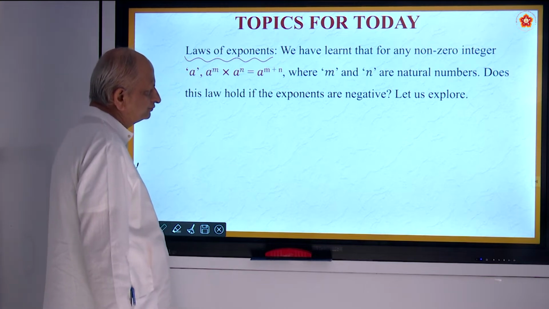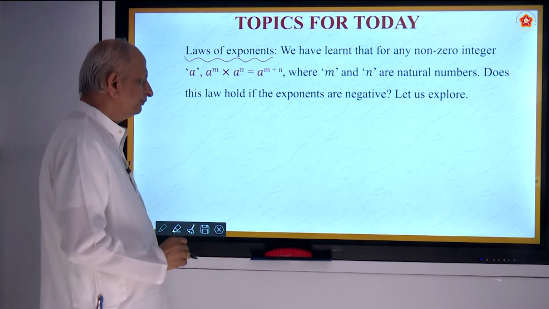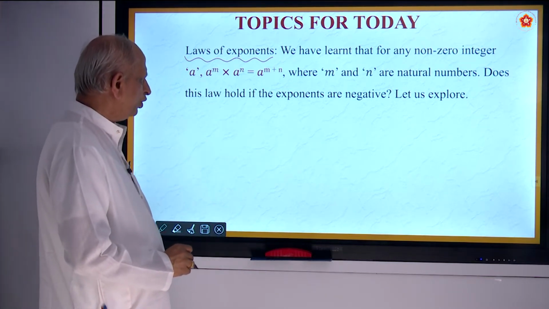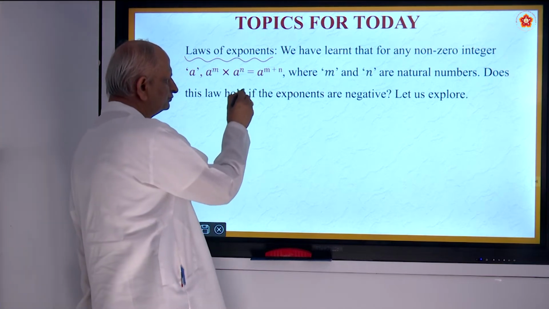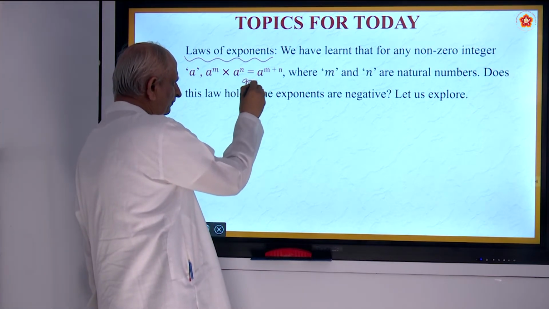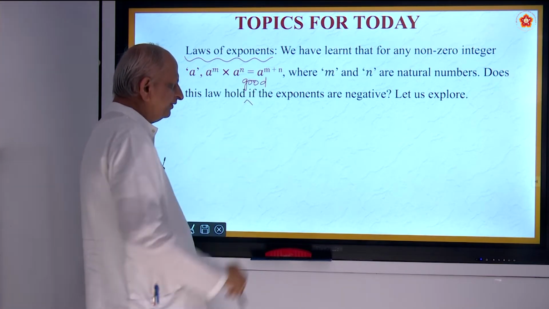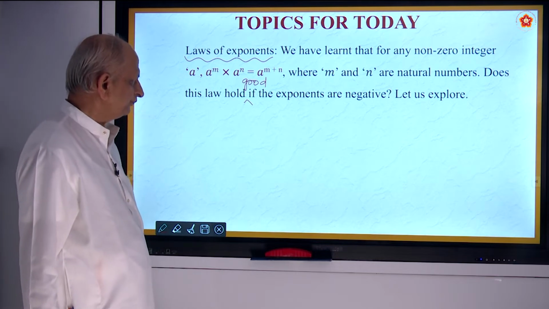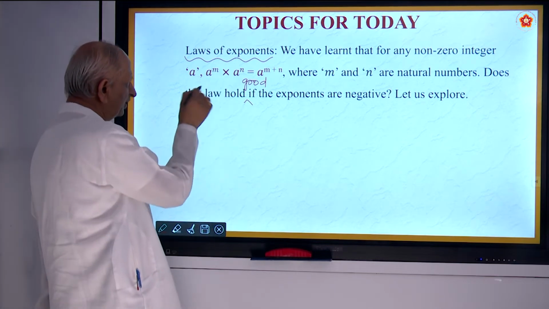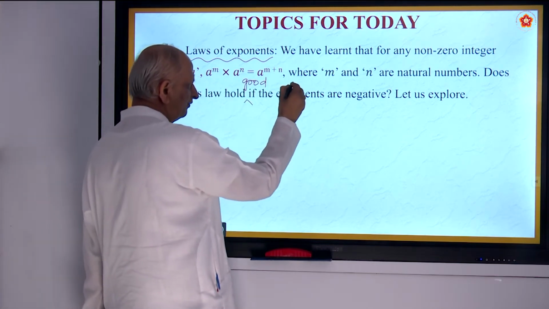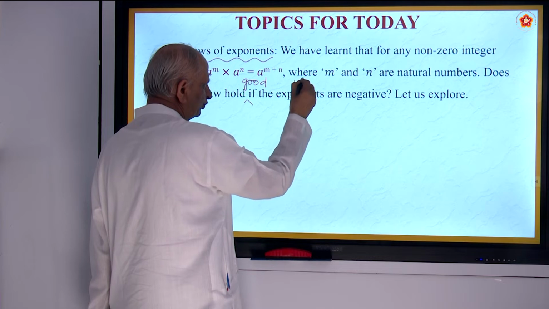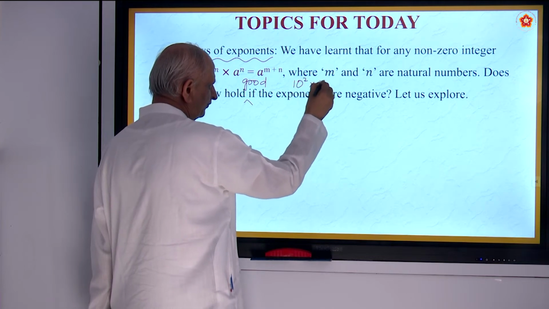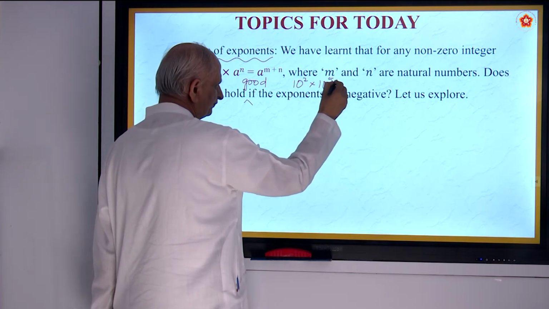Does this law of exponents hold good if the exponents are negative? Let us explore. So, what about negatives? Does this law hold good if the exponents are negative? First, for positive, you can take one example. For example, you have 10 to the power of 2 into 10 to the power of say 5.